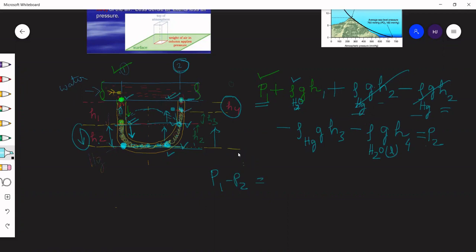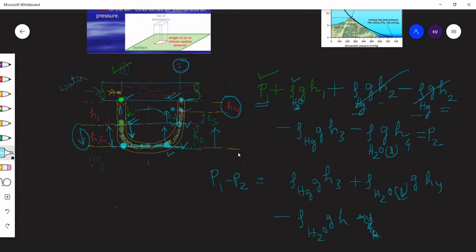So what you do, P2 you bring it here and everything you take to the other side. Then it will be minus. This is simplification.